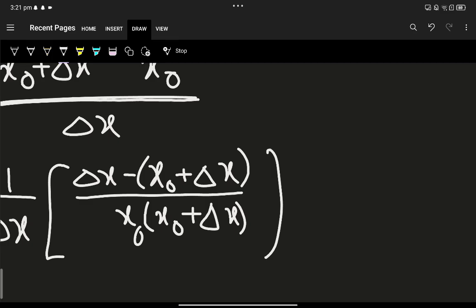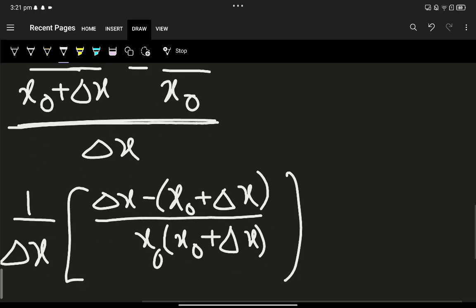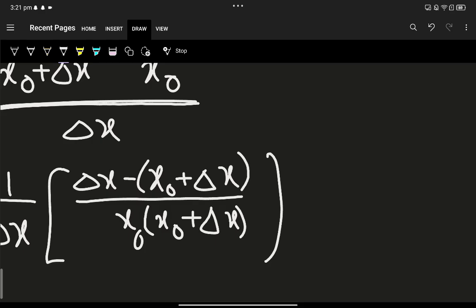What happened is I considered 1 by delta x and replaced all the terms, but it's x naught in the brackets, x naught plus delta x.